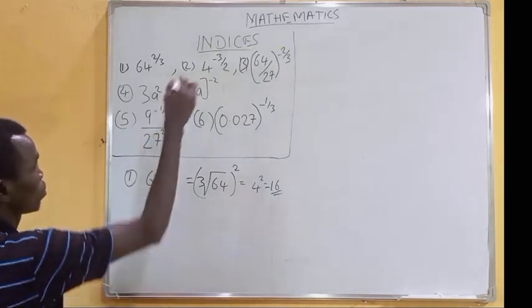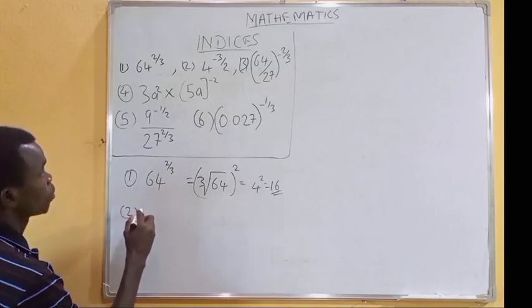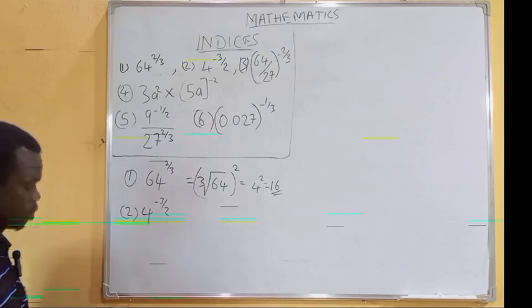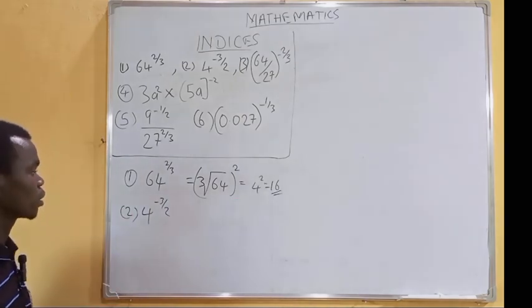Then look at question 2. We have 4 raised to the power minus 3 over 2. And this is both a fractional index and also a negative index.